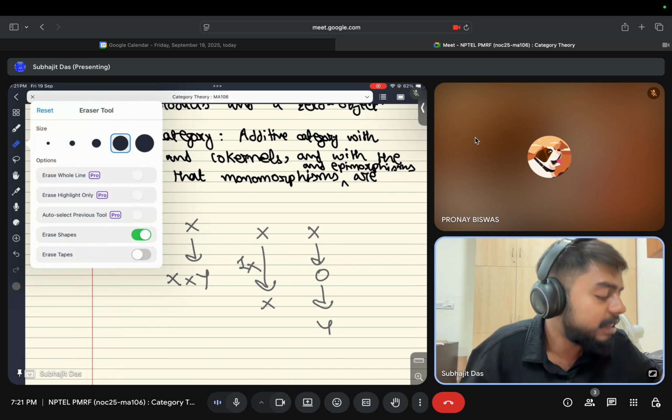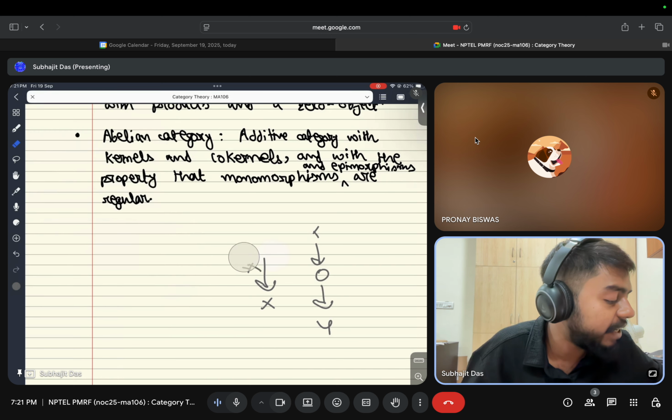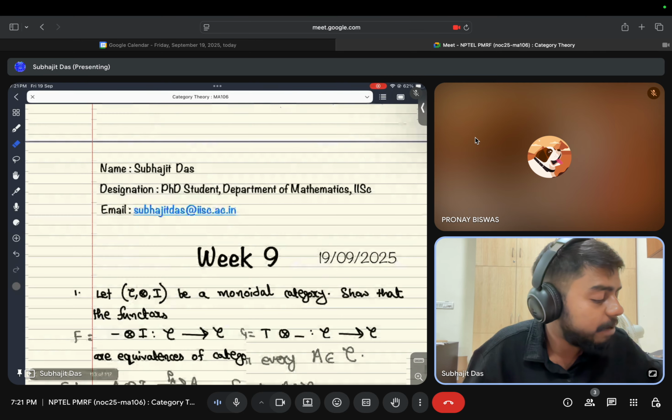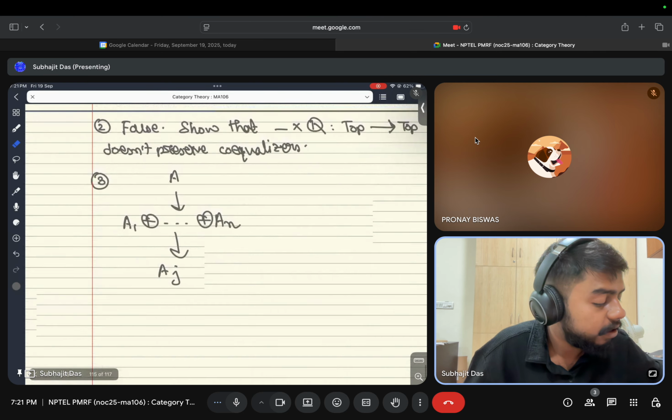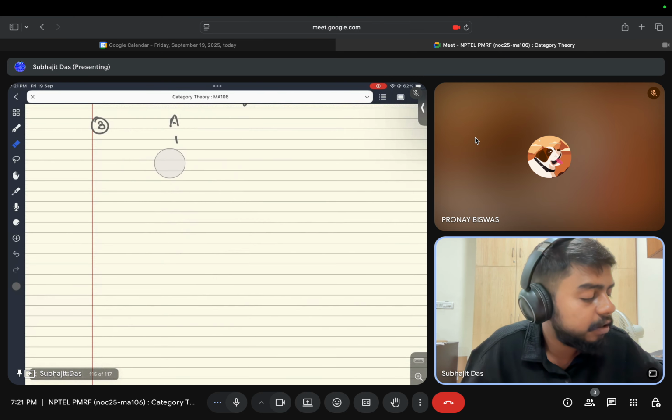So the interesting thing is that in an additive category, finite products are the same as finite coproducts. So now can we finish this in one line?